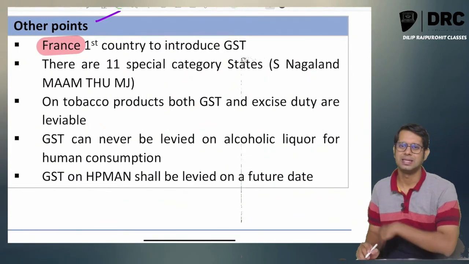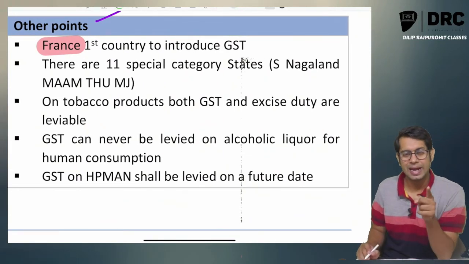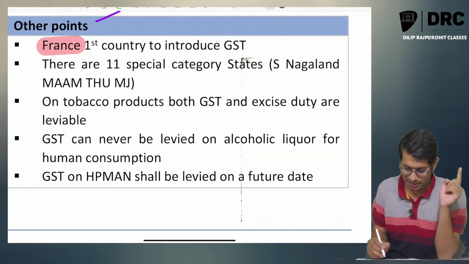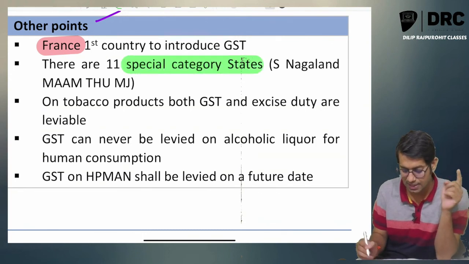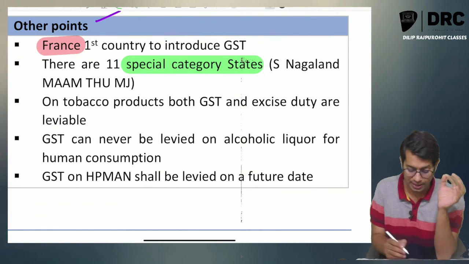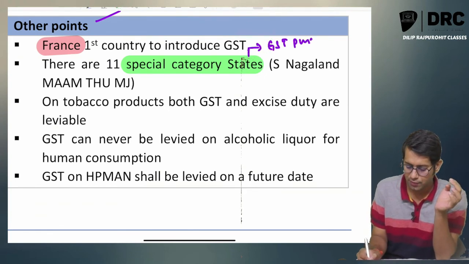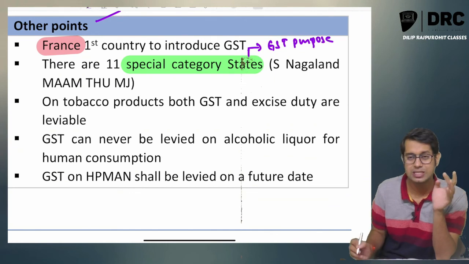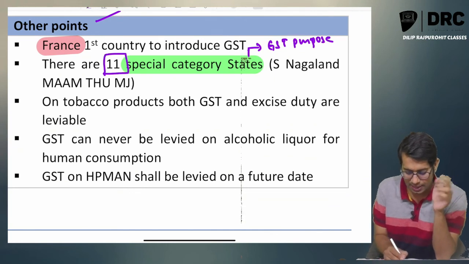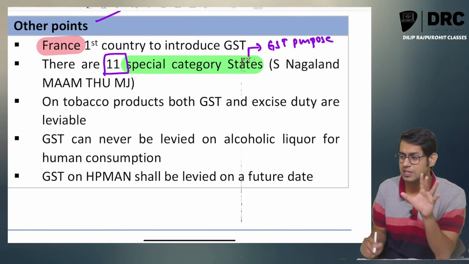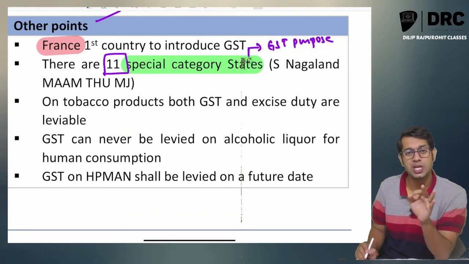Now there are some places which are regarded as special category states. There are some special places in India which are regarded as special category states for GST purposes. How many states? There are 11 states. There are 11 places which I am going to call special category states.